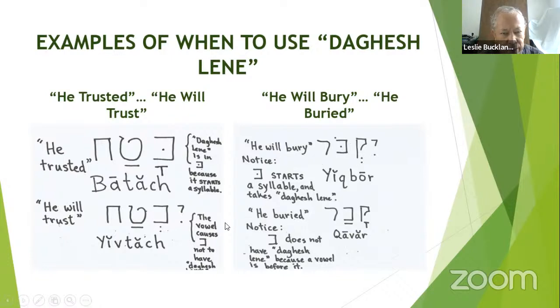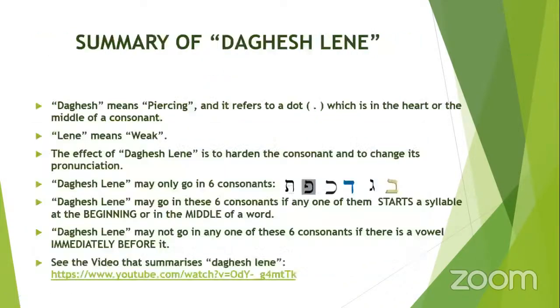And in the 2 examples at the bottom, you see that there is no dagesh lene in the same consonant because there is a vowel immediately before the consonant, so it does not take dagesh lene. Oh, I understand fully now, sir. All right.